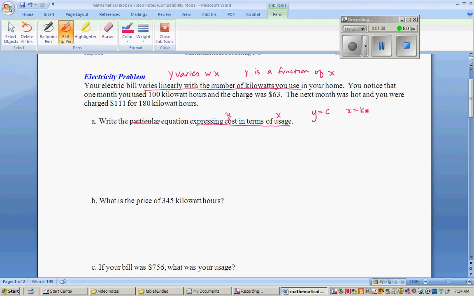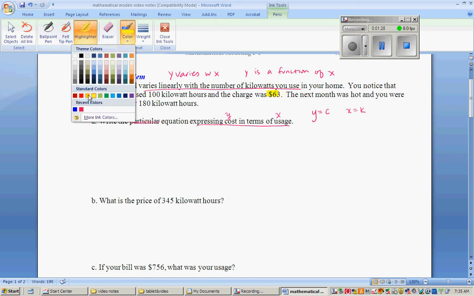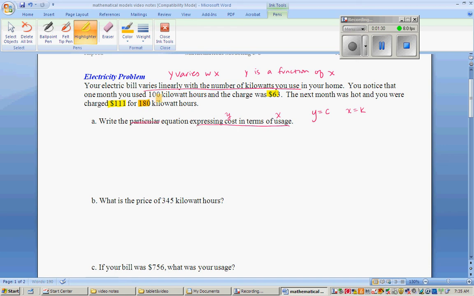Step one is to get an equation. I like it to be in y equals mx plus b format. And step one is going to be, we need to find some slope. So you're going to use the two things they gave you. They gave you the $111 and the $63. Those are our y's. And then they also gave you the 180 and the 100.